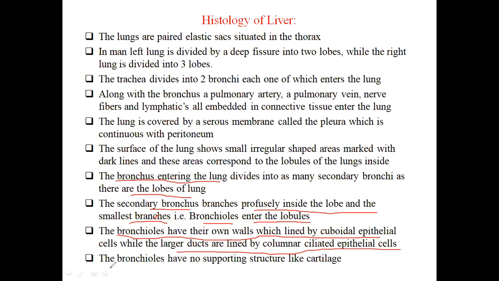So the bronchioles have no supporting structure. See, just take the example of our trachea. It has hyaline cartilage for support, but in the case of bronchioles, they don't have such a supporting structure or tissue like cartilage.